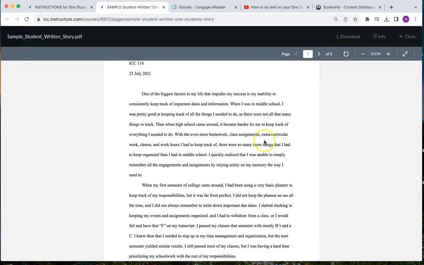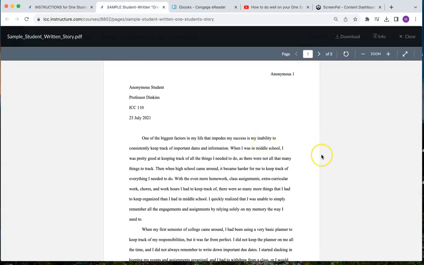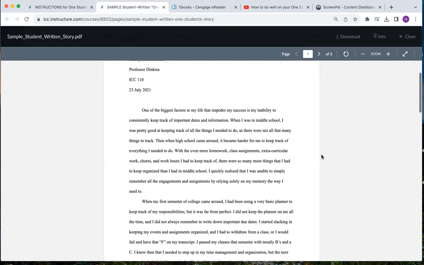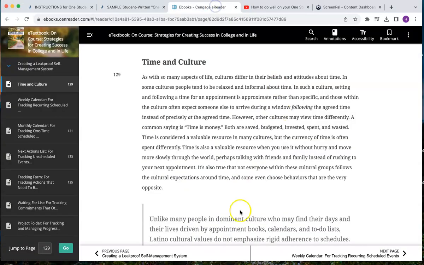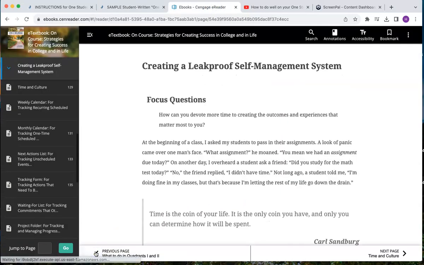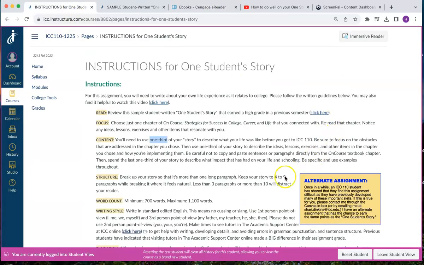This student may have also had other issues, not just with time management, but with other things, motivation, or maybe any other chapter might have also applied to her. But when she did her first third of her document, she made sure she really just focused on those things that were also then mentioned in that chapter. So it's a very focused story.